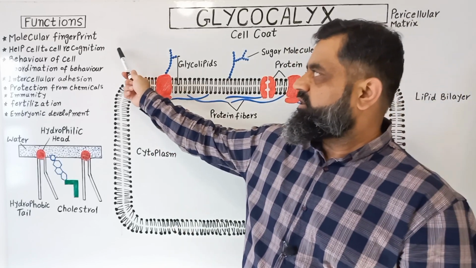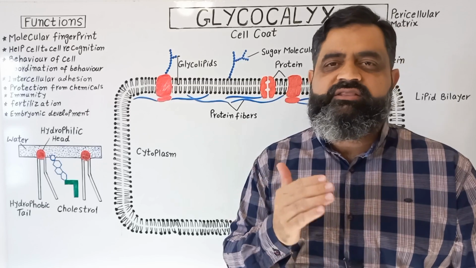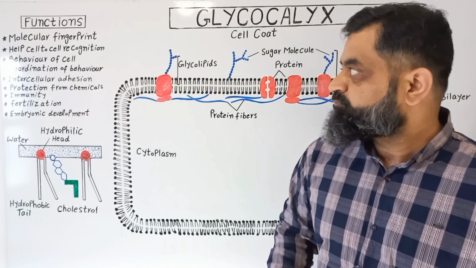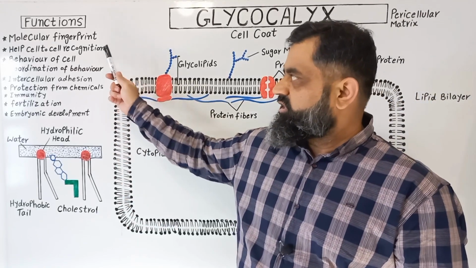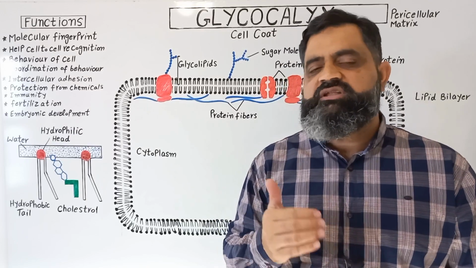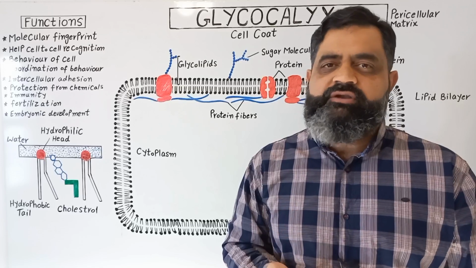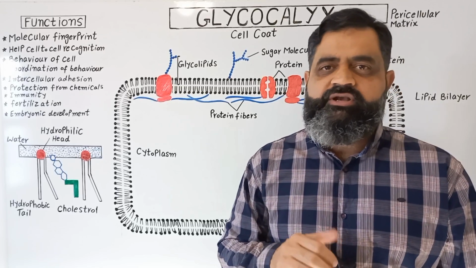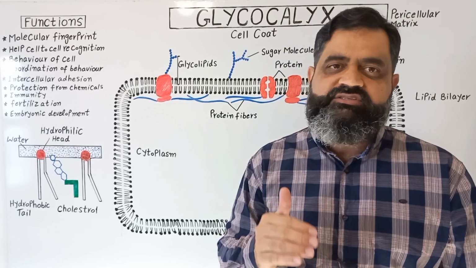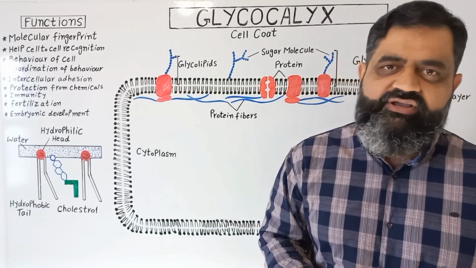In this way, glycocalyx helps in cell to cell recognition, so that different types of cells can be distinguished from each other. And glycocalyx helps in the behavior of cells. Nervous cells have different behavior, red blood cells have different behavior, white blood cells have different behavior, epithelial cells have different behavior, and that behavior pattern is due to the presence of the glycocalyx.